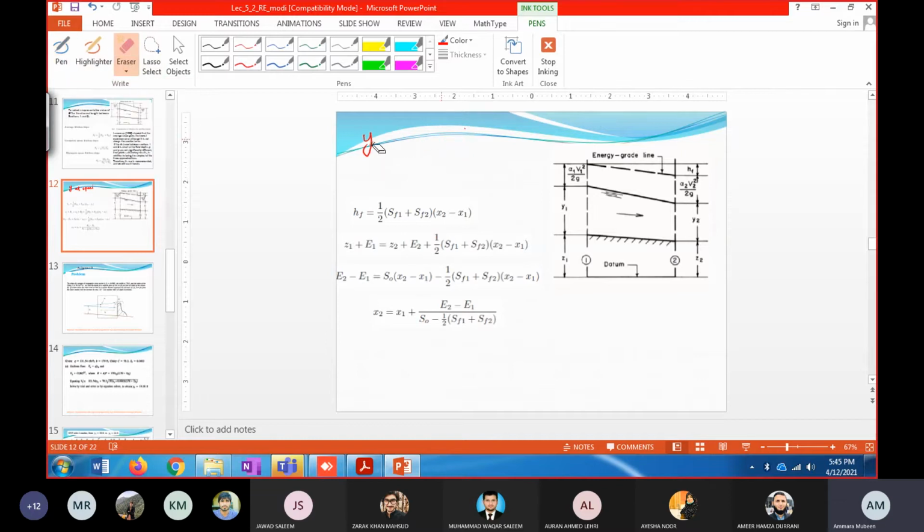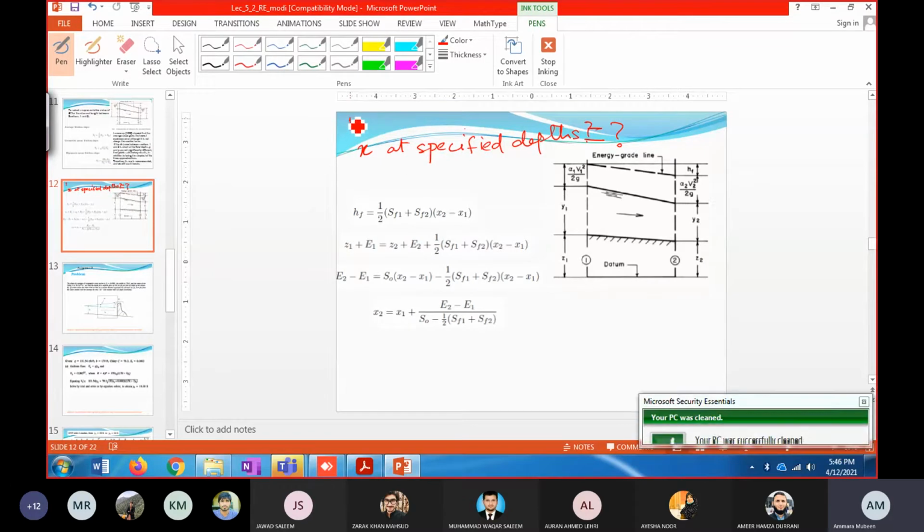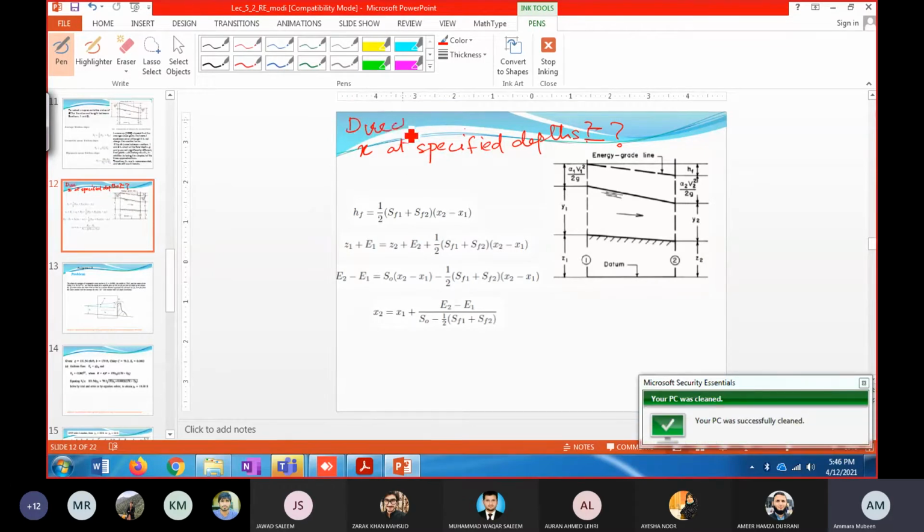You need to find x at a specified depth. You need to find this using this method. And this is called the direct step method.